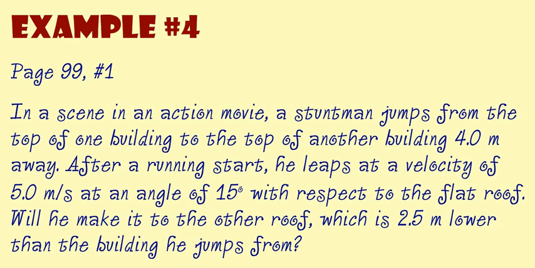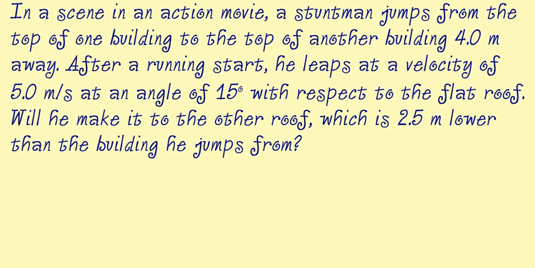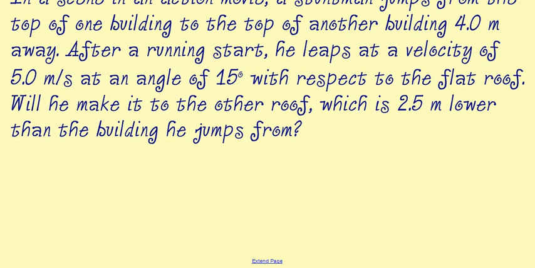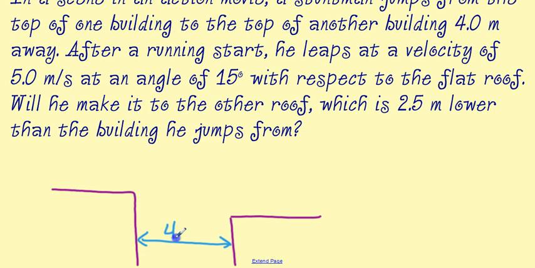Just as with horizontally launched projectiles, we'll start by drawing a diagram. I have one building, and then a second building that's a bit lower. I'm going to add in the information that I know from the problem. For example, I know that the distance between the two buildings is equal to 4 meters.